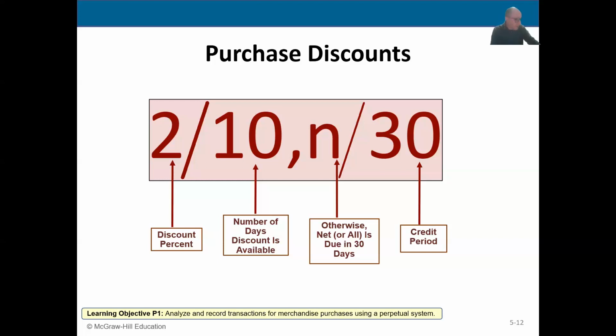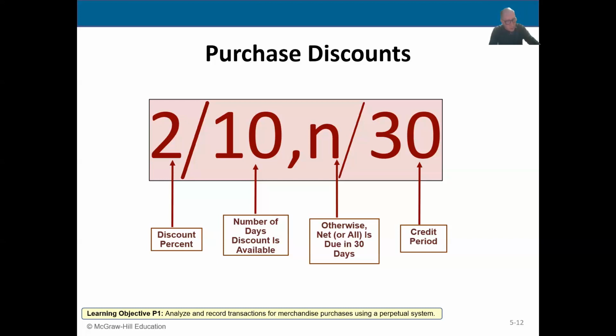And these numbers can be totally different depending on what the credit terms are. The credit terms are not always the same. In this example, I receive a 2% discount if I pay the amount I owe within 10 days. Otherwise, the entire amount is due within 30 days.